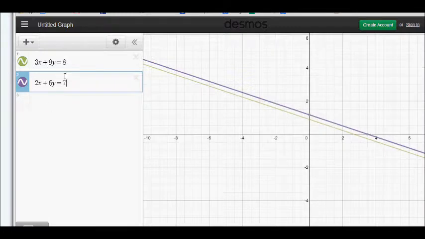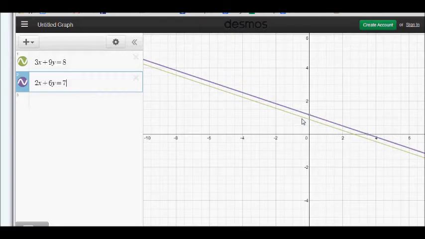If we simplified these and solved them for y, we would have seen that they had the same slope. And if they have the same slope, they're going to be parallel lines. That means that they cannot be a system, a linear system. They will have no solution. There will not be any coordinate point that would satisfy both of those equations. So this is a no solution.